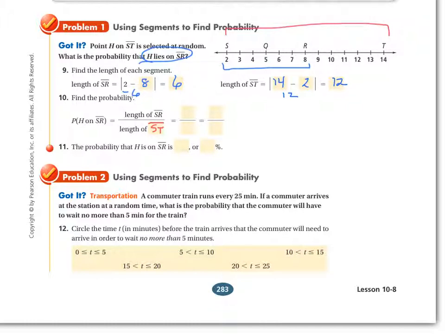We're going to put our 6 over our 12, which reduces to 1/2. So if I were to convert that to a decimal, what's 1/2 as a decimal? And then convert that to a percent, I would move that decimal 2 places to the right, and I'd have to add a what? A 0. So I would get 50%. But most of you know that 1/2 is 50% anyway. So that's not so bad.